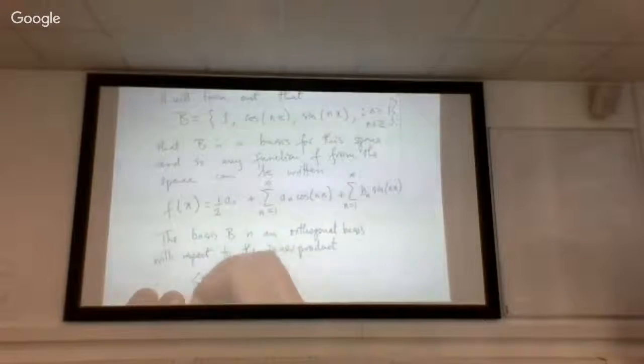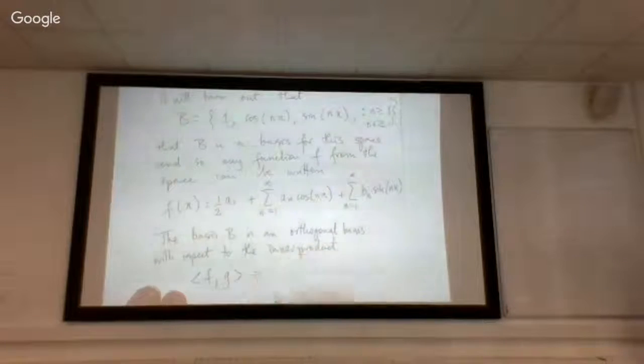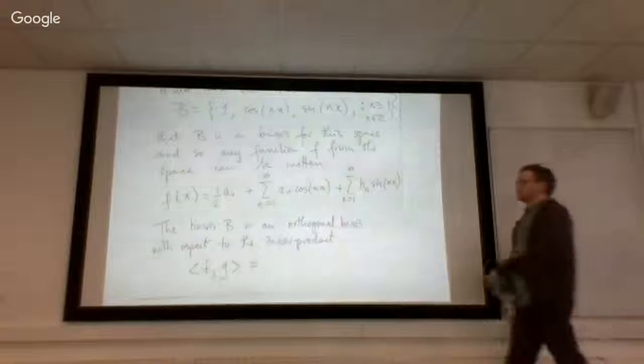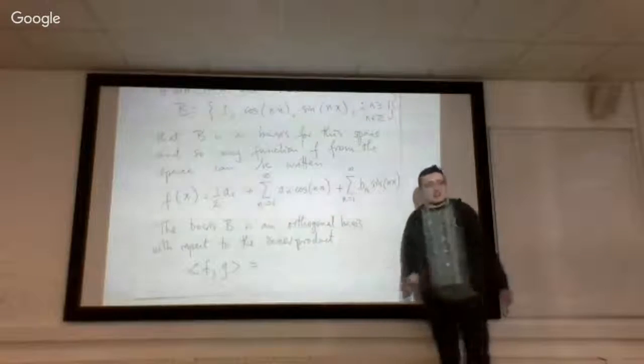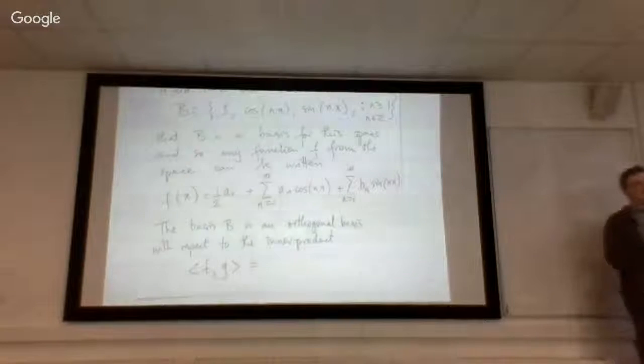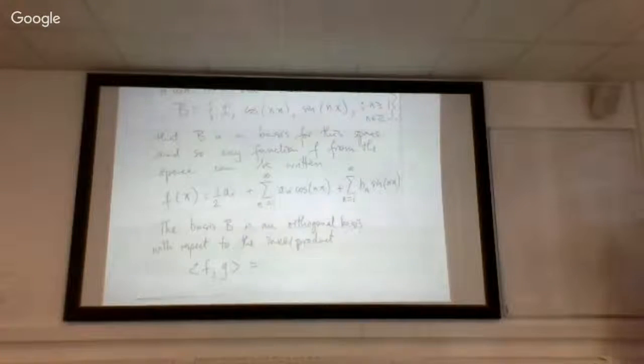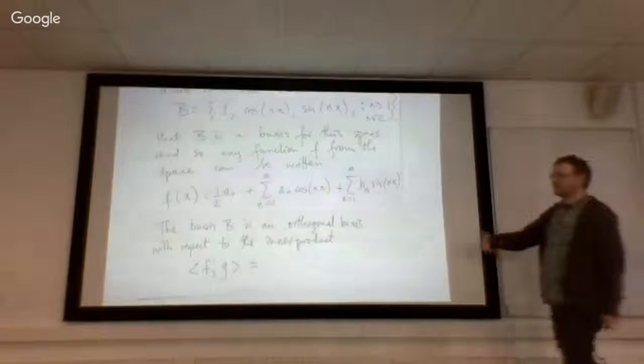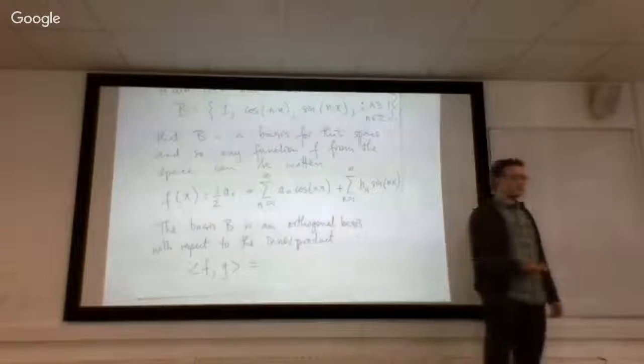So this inner product, I'll write it like this, with these angle brackets. It's a generalization of the concept of a dot product that you already know about. A dot product between normal Euclidean vectors, this is kind of a continuous generalization of that.